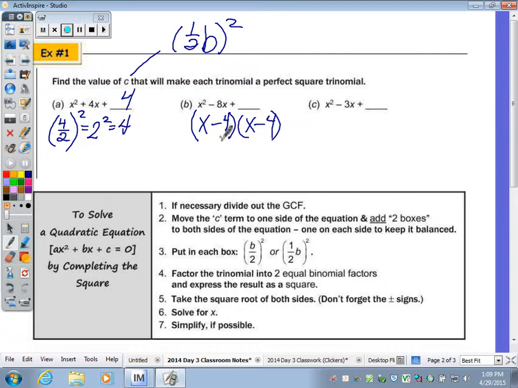And then I multiply, again, in FOIL. The L stands for your last product. Negative 4 times negative 4 is 16. But you can still do negative 8 over 2, which is negative 4 squared, gives you 16. I start to look at the factors because we're going to need the factors further down the page when we go to solve by completing the square.